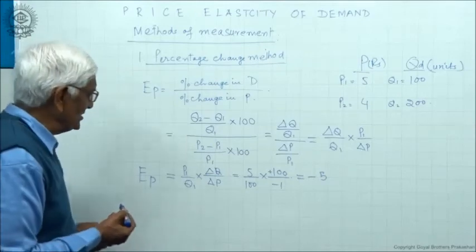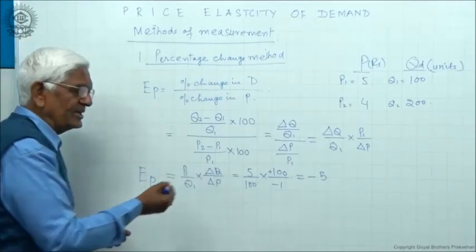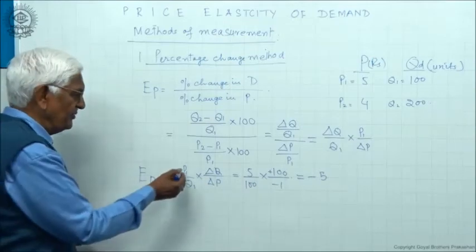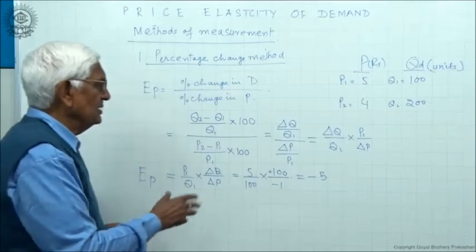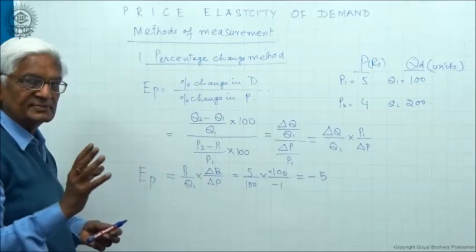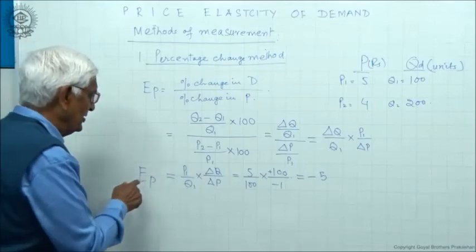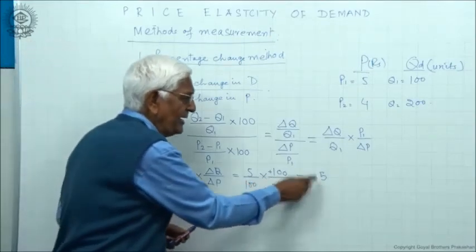So in the examination, you may be given EP, Q1, P1, delta P, and asked to find delta Q. Or you may be asked to find P1, and the other four are given. When you substitute those figures here, you will get the answer. And remember, when you substitute the value of EP in that question, it should be minus 5, not 5.